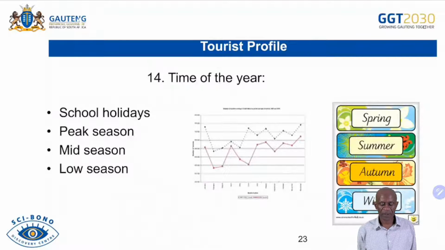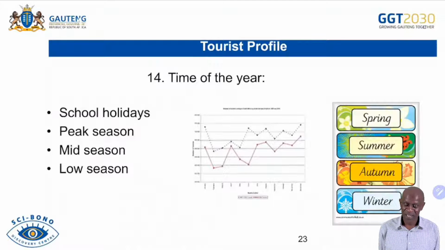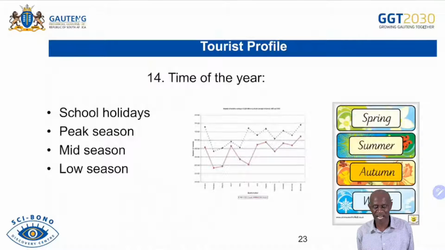So during school holidays, you look into aspects such as most of the destinations, most of the activities are crowded during school holidays because everyone is moving around on holidays. For a reserved type of tourist, you may not prefer this time of the year where school learners are on holidays.